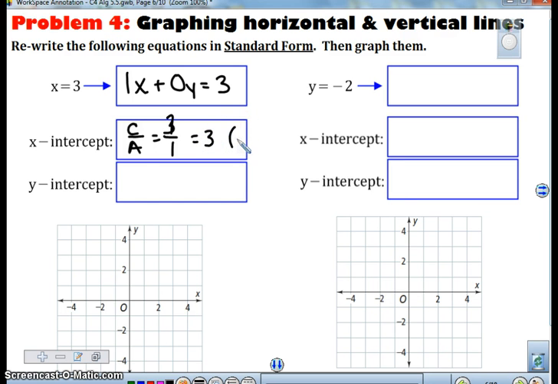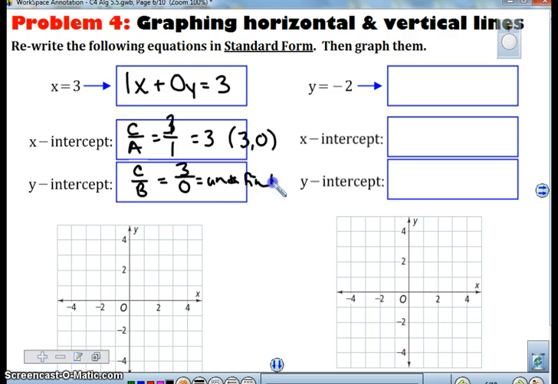That means we are looking at the point for our x-intercept being at (3, 0). What's our y-intercept in this problem? Our y-intercept, again, is going to be c divided by b. Our c value is 3, divided by b, which is 0. Undefined. There isn't one.